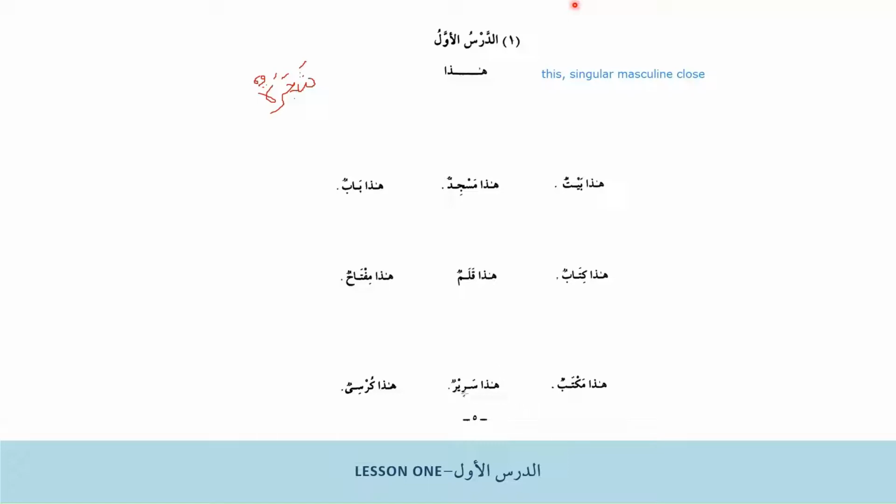Let's go with the first one. هذا سرير. So if you can please confirm in the chat, what does هذا سرير mean? Wow, that was quick. Okay, this is a bed. So let's reveal that. Is that the right answer? MashaAllah, it is.